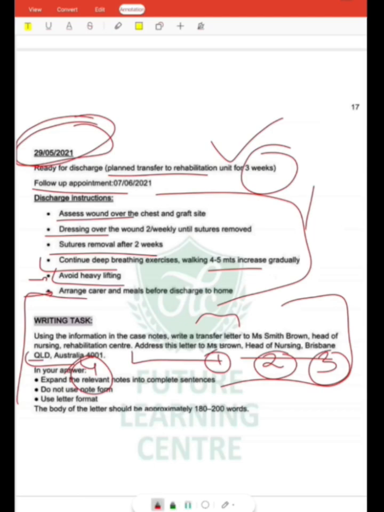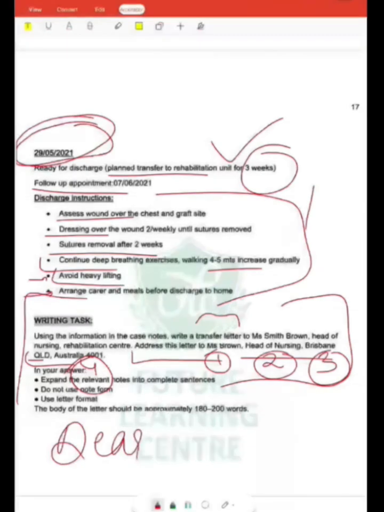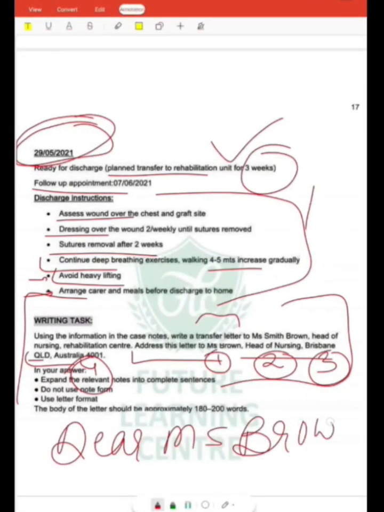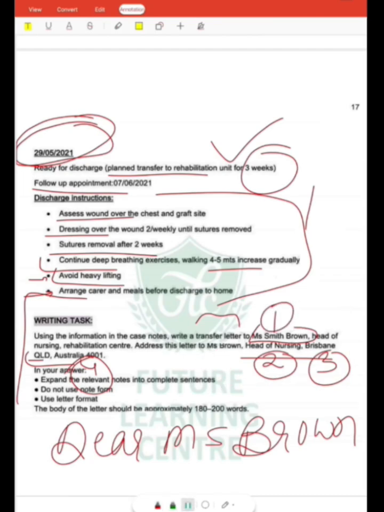Okay, after today's date you will write, dear Miss Brown. We will use the second name because we have already used the first name. Okay, the first line should be Miss Smith Brown, not Miss Brown only. You need to write the full name.